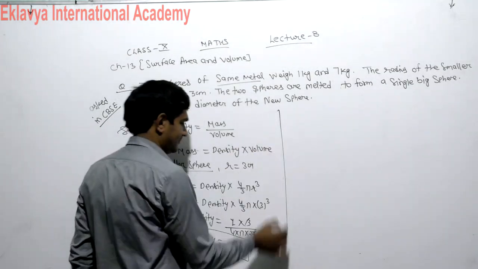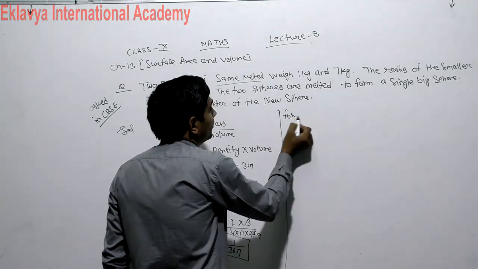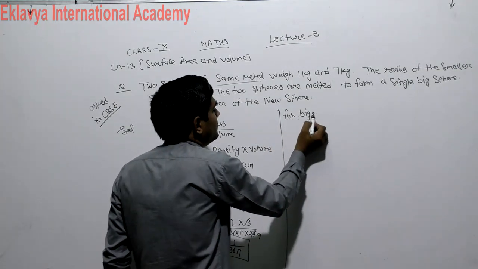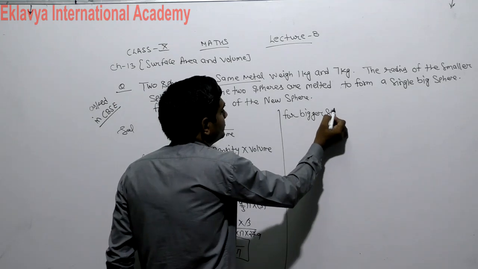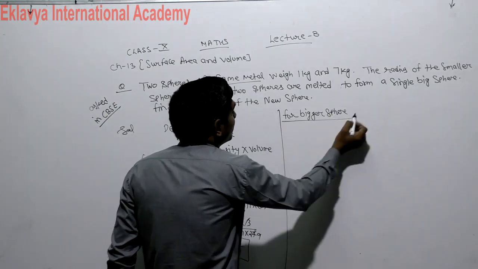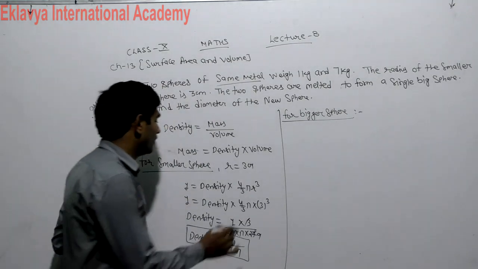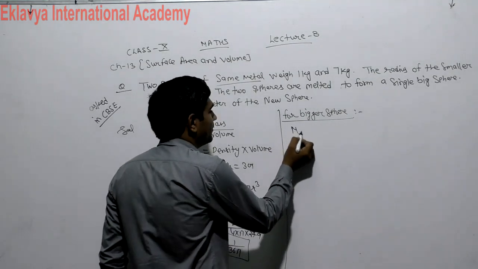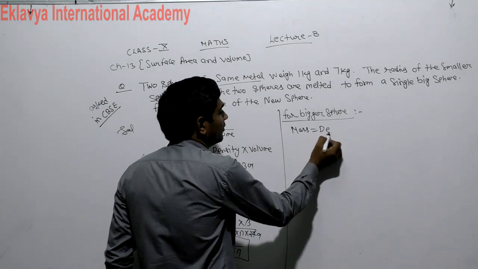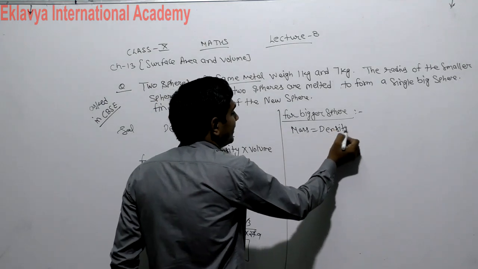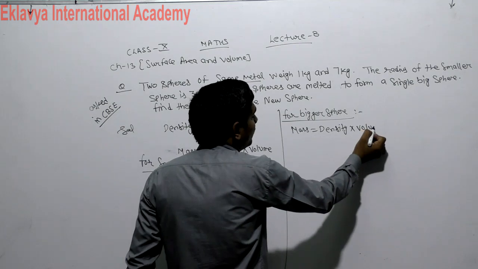So for the bigger sphere, firstly we will find out the radius. How will we find out the radius? Again the concept: mass is equal to density multiplied by the volume.